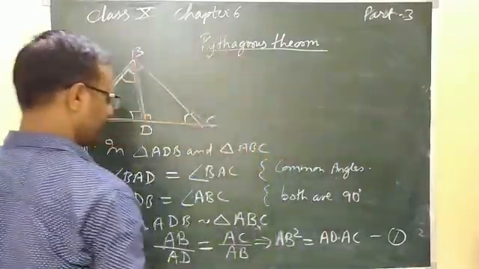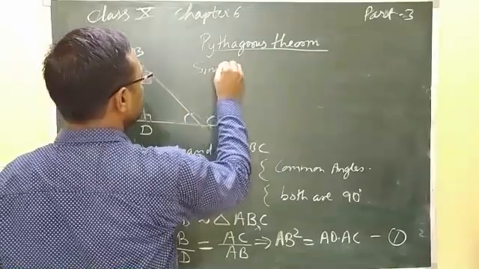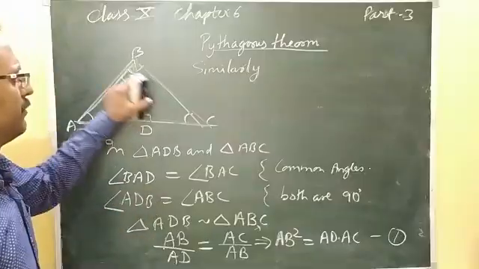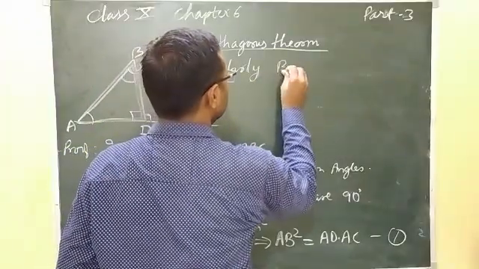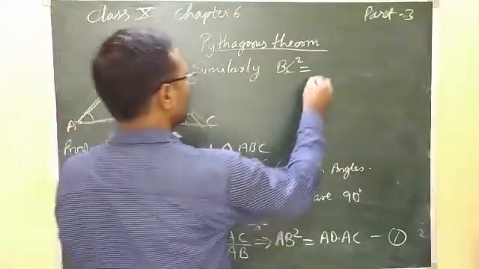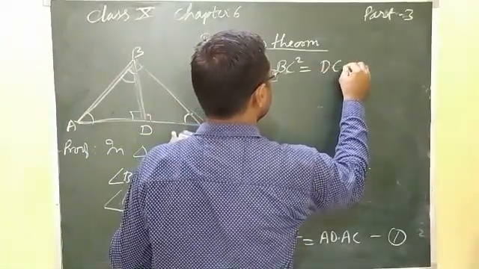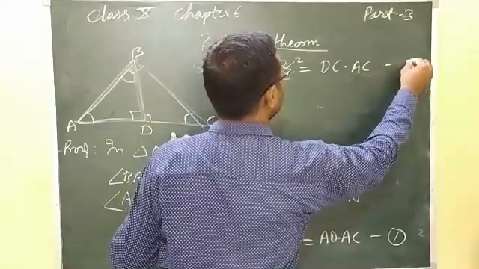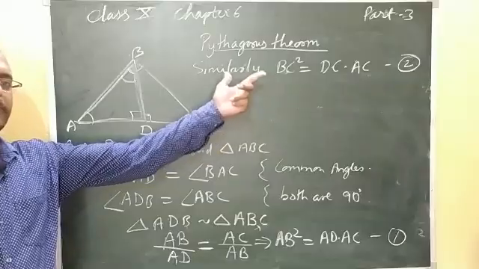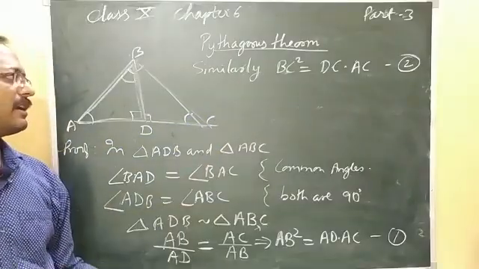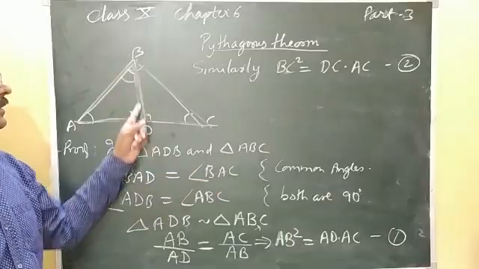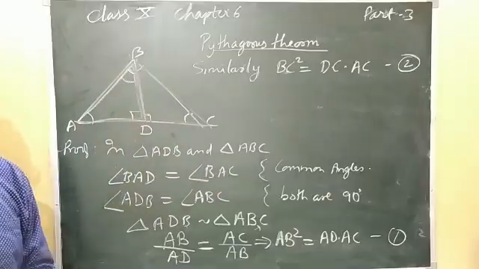Similarly, BC square will be equal to DC into AC. This will be our second equation. This proof will be obtained in the same way. Instead of taking triangles ADB and ABC, we will take BDC and ABC.